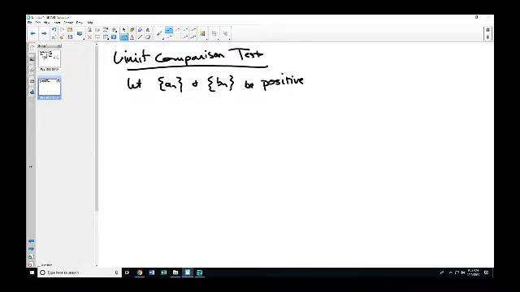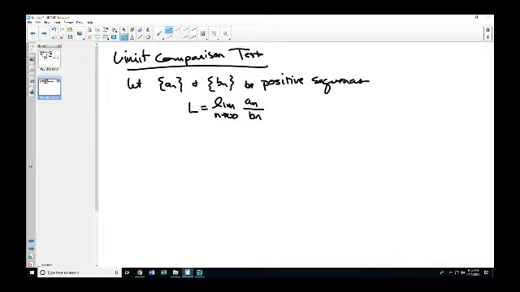This is 10.3, positive sequences. Why the curly brackets? That's how you notate sequences. Sequences are sets of numbers. It's just like an array. Yeah. It's a good comparison.